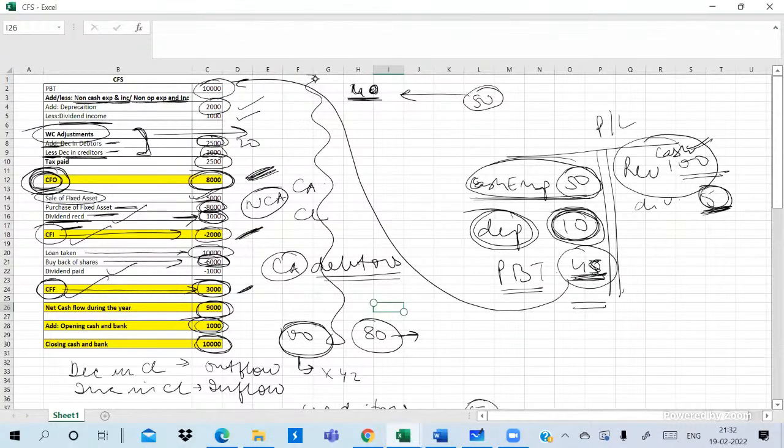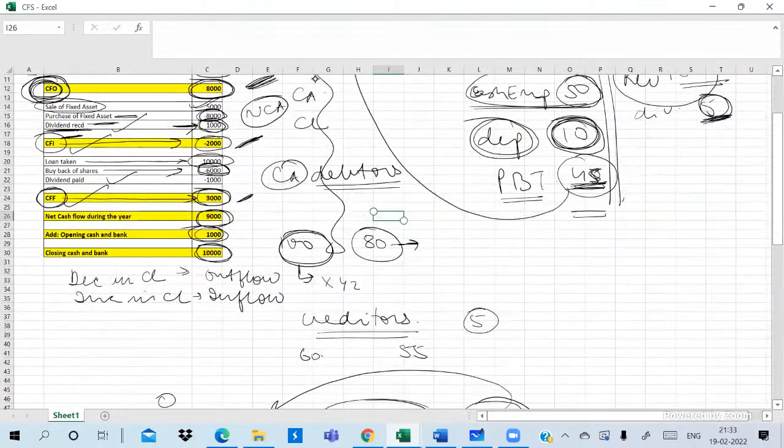So in the indirect method, what you do is you indirectly calculate your cash from operations. So what are you doing? You're starting with profit, and from profit, you're moving to cash. So that's an indirect way of doing it. So that's the reason why they call it indirect method. In case of a direct method, I will not start with profit. I will look at money coming in and going out because of operating activities.